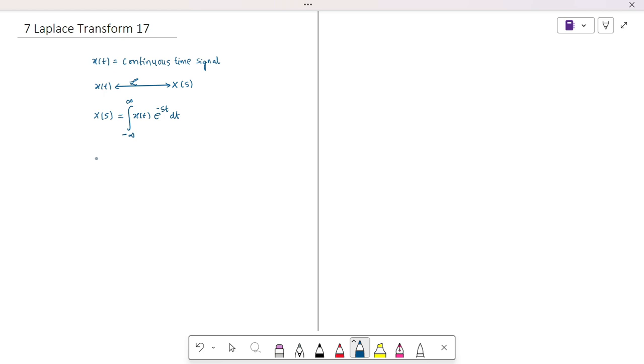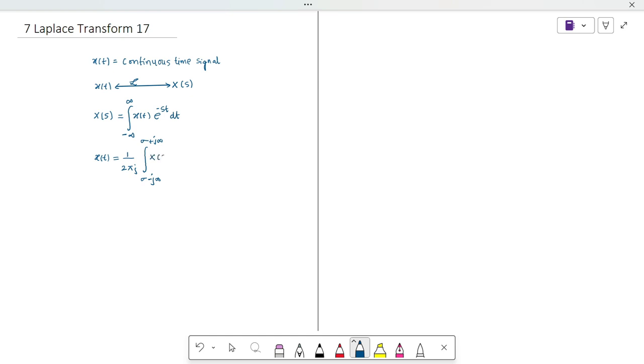Similarly, the inverse Laplace transform, that is x of t, equals 1 by 2 pi j, the integration with limits sigma minus j infinity to sigma plus j infinity.